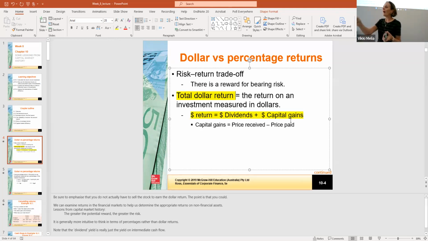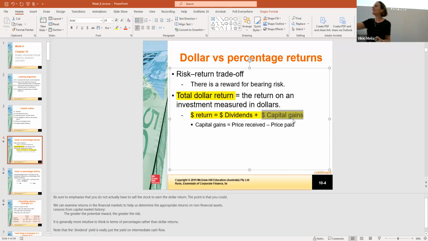Yes. If you buy an asset and the asset increases in price, then you make a capital gain. If you buy an asset and the price of the asset falls, you make a capital loss. So a capital gain is when the price of the asset, or in this case, the shares, increases after you purchase it.